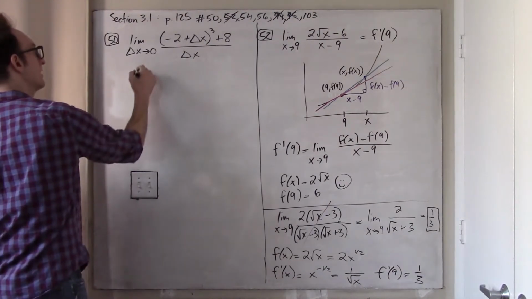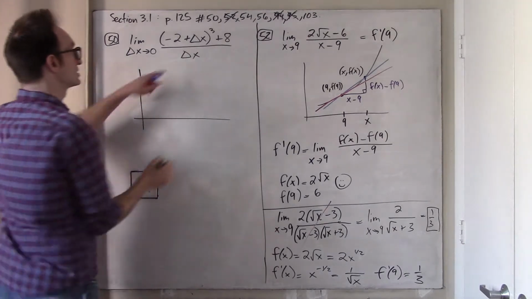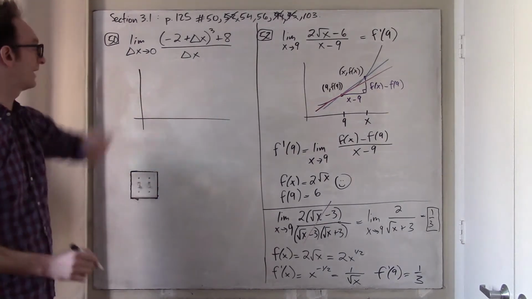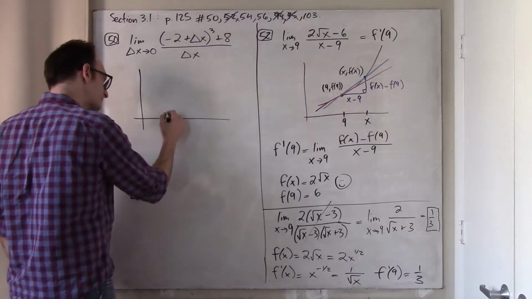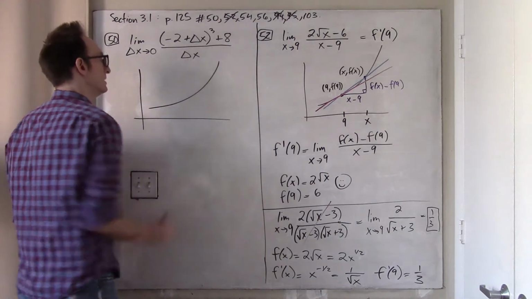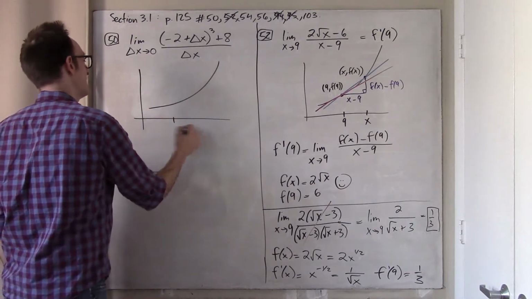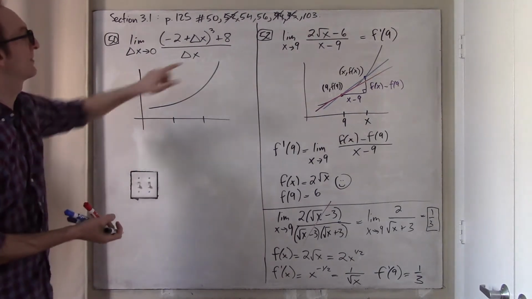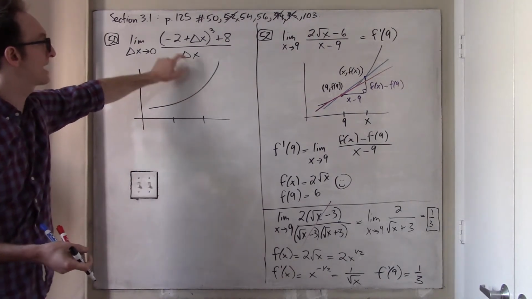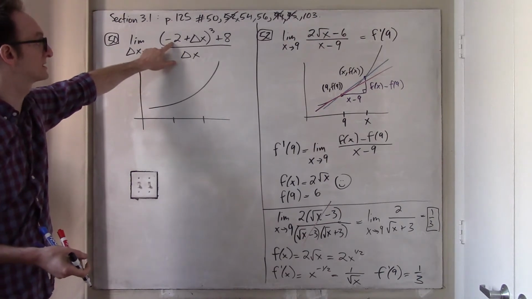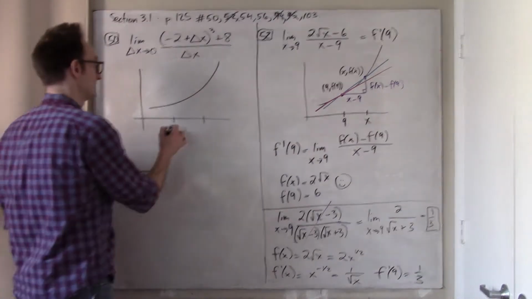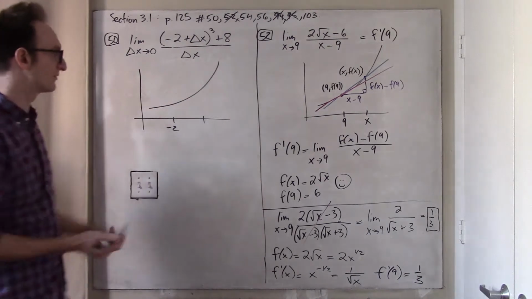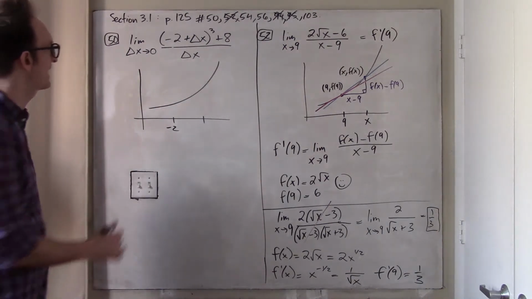Well, now this is the other definition of the derivative, in which delta x, the gap between the point of interest and the other point, is becoming infinitely small. What is that point of interest? Answer: it's -2, it seems. So here's -2. Okay, this is a comically inaccurate graph, but I don't care.